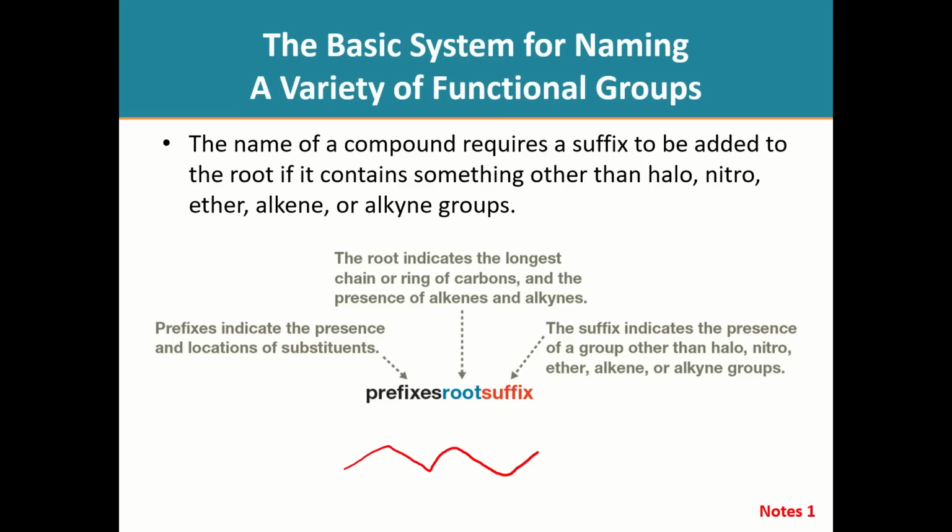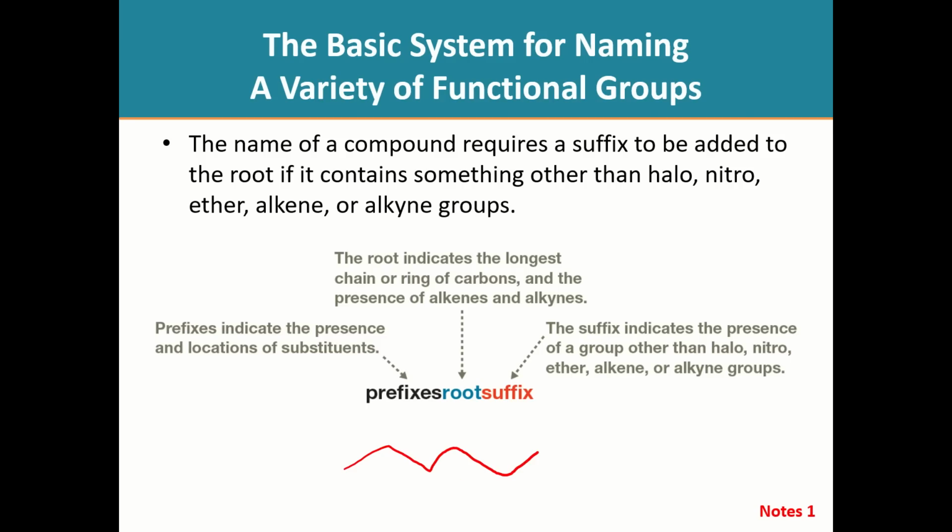But now we can look at this, and parent name and root name kind of are the same idea. So if we looked at this molecule here, we would say, hey, the root is a hexane, right? Because there's 6 carbons. So that's the root, or the parent name.